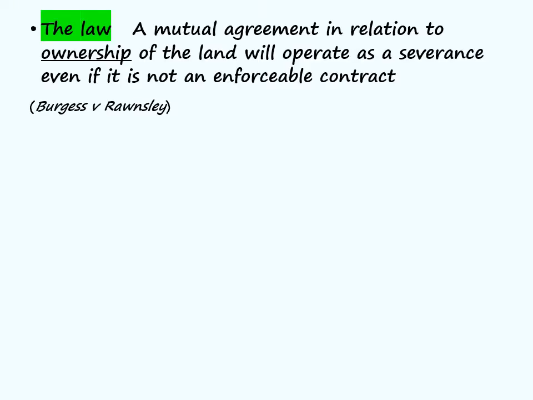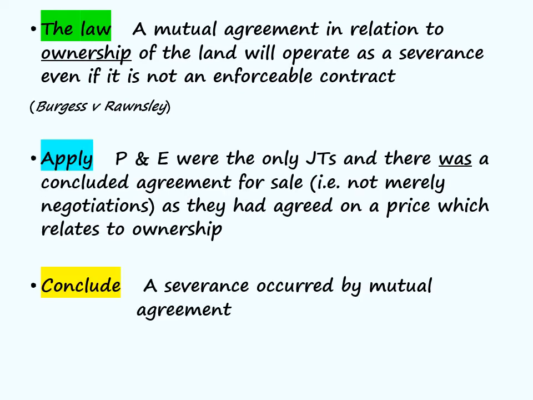And the case tells us that a mutual agreement for one joint tenant to buy out another will act as a severance, even if it's not an enforceable contract. So if we apply that, well, Polly and Esme were the only joint tenants and there was a concluded agreement for sale. In other words, they weren't just negotiating for sale, they had reached a final agreement. So we can conclude that a severance occurred by mutual agreement.